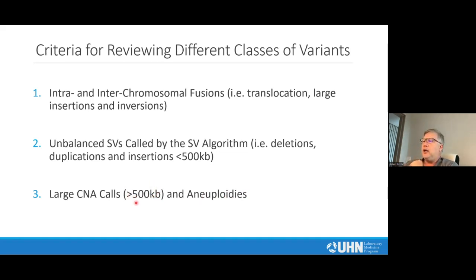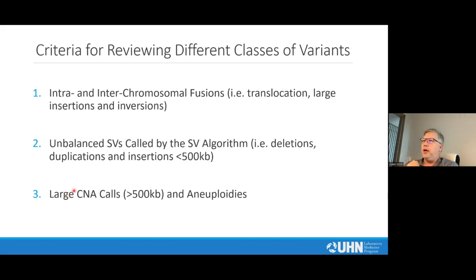Again, we can often see these two types of abnormalities overlapping. So you'll see an unbalanced SV call, like a deletion, let's say a 5q deletion. You'll also see that called by the copy number. So you get those two pieces of evidence together that very clearly allow you to make a confident call.